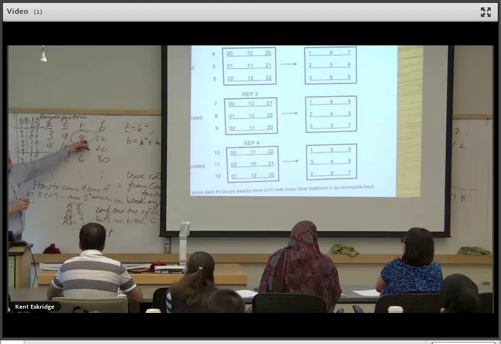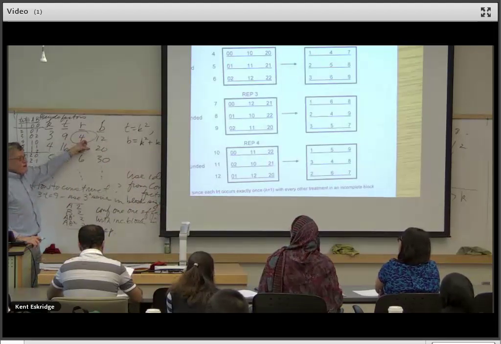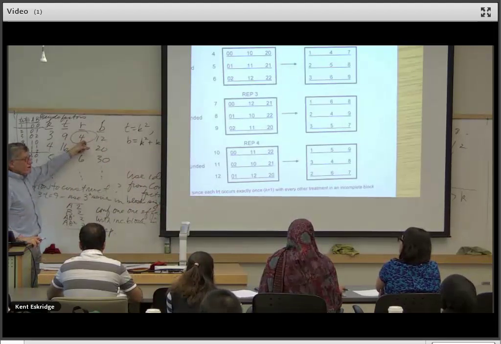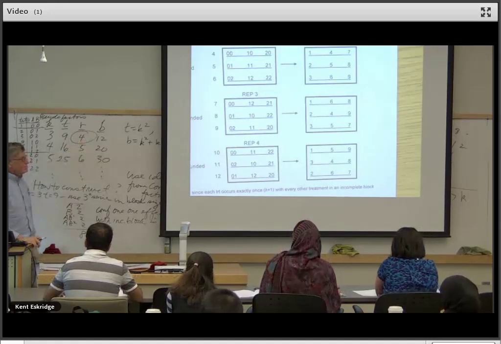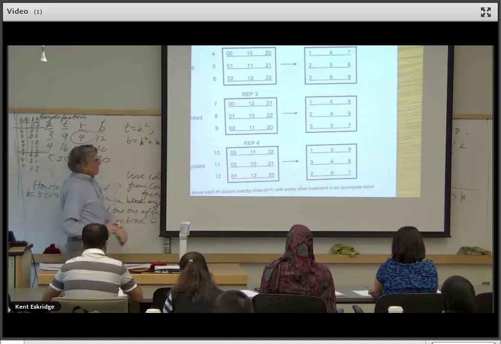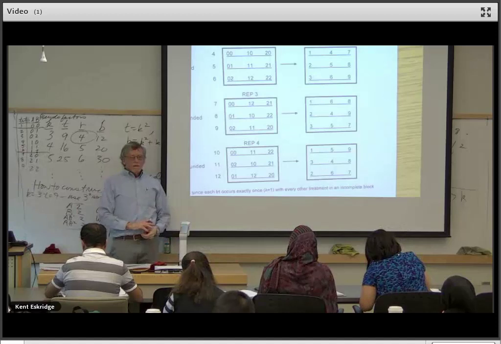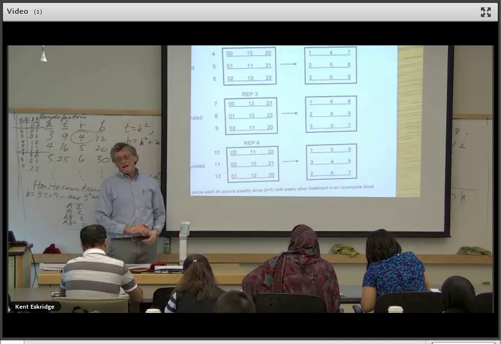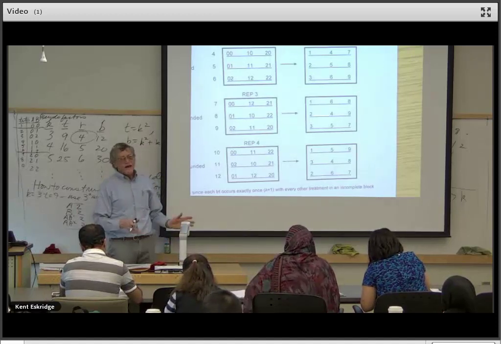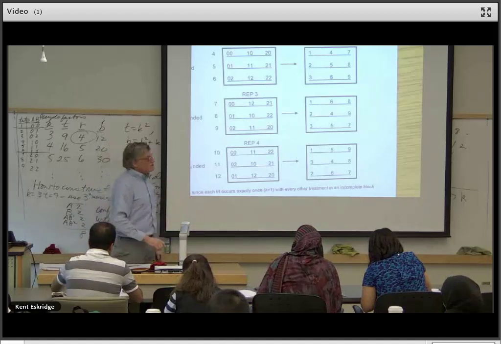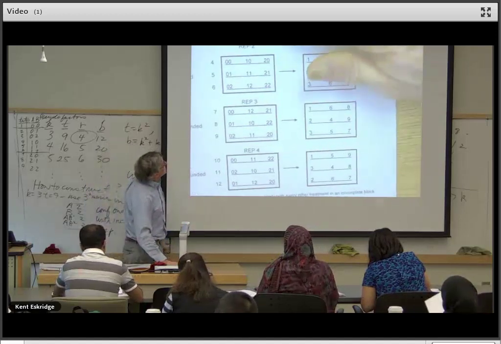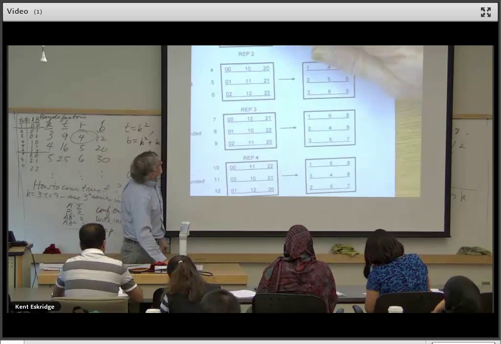Why? That's how many effects I have available to confound in my confounded factorial. Questions on this idea? That comes directly out of confounded factorials. Once you understand that, you should be able to construct balanced lattices without a problem. These are BIBDs, and you can go back and check yourself to make sure they are.